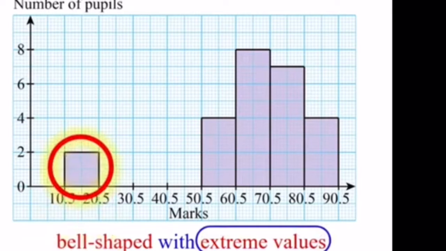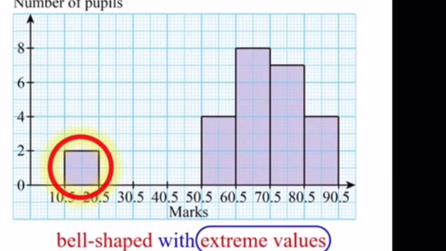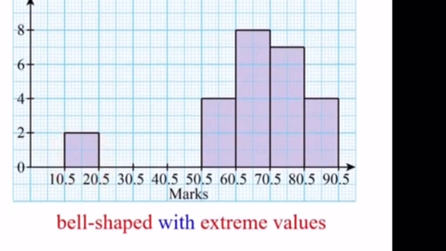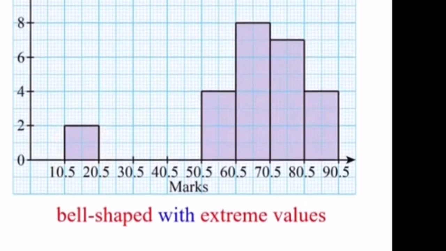The one that I circled in red color is what we call extreme values, because those marks are too far from the majority of the students' marks, you see. So this is a bell shape with extreme values.